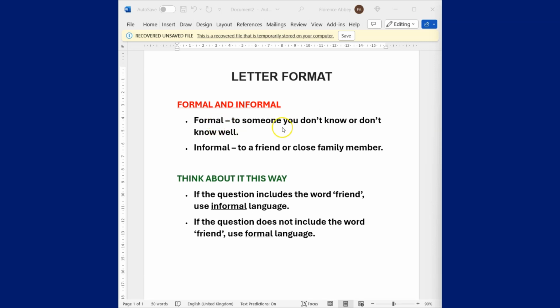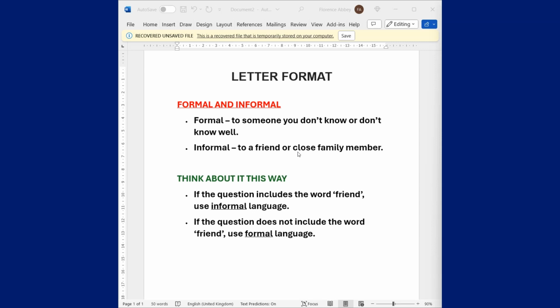Take note, if you are writing to someone that you don't know or you don't know very well, then your write-up should be formal. But if you are writing to a friend or a close family member, we take it as someone that you know very well, that you have a very close relationship with.